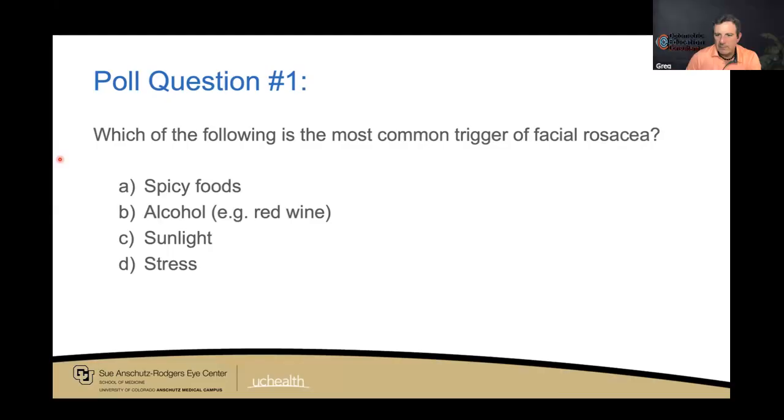Okay, so I think we've got a pretty good poll here. So I'll display the answer. We got 3% saying spicy food, alcohol 5%, 4% stress, and the clear winner at 88% is sunlight. Wonderful. Glad people are listening. I feel like if people weren't listening, a lot of people would say spicy foods because that's one of the most common ones that we hear, that and alcohol.